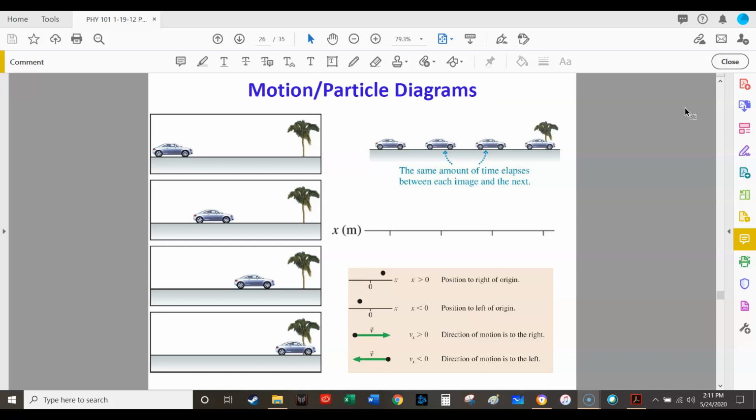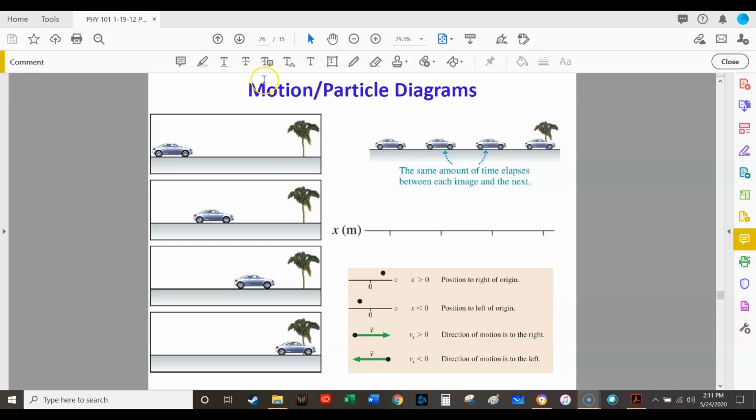With motion diagrams, we're going to put little dots on the horizontal axis, the x-axis, to represent that motion, and that represents the center of mass of the object. We're not going to get more into what center of mass is until we get into rotational motion and things like that. But anyways, what is a motion diagram?